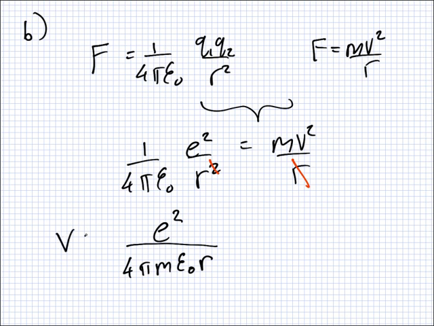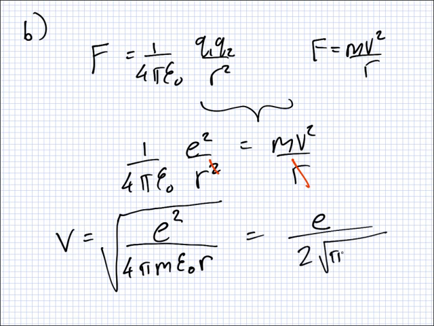That's equal to v. V is the square root of that. So v is equal to e over 2 root pi m epsilon 0 r.